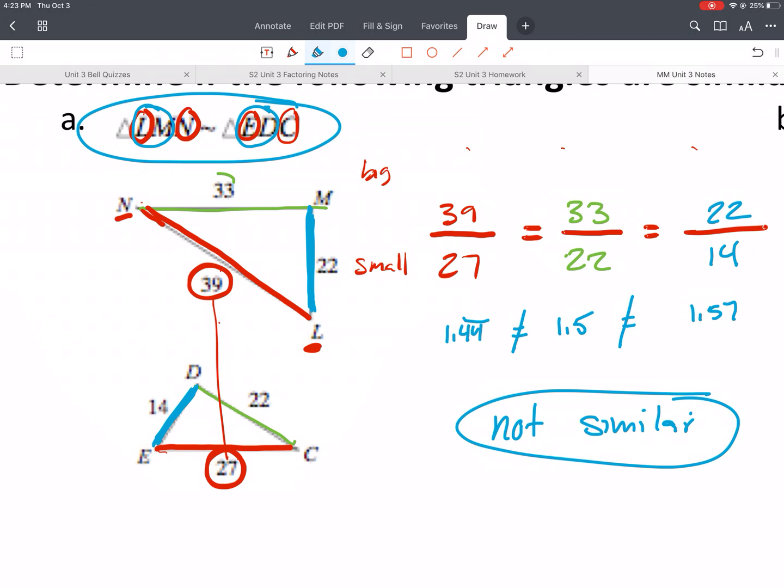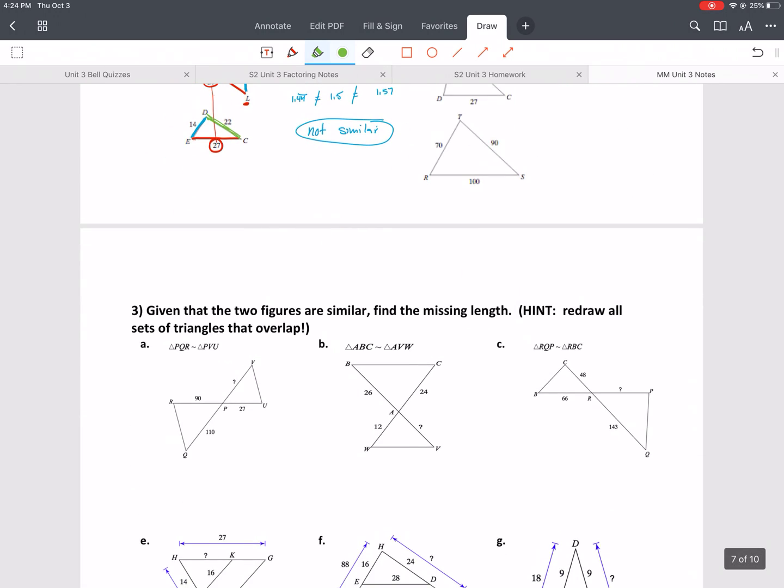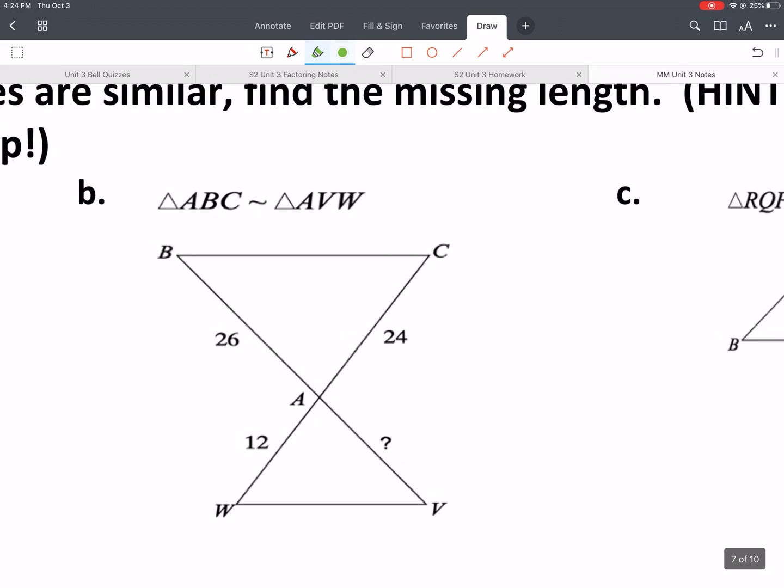And the same as the last one, NM or MN, either way, would be the last two letters. Corresponding would also be DC. So we can use that all the time to see which sides are corresponding, because sometimes it's not obvious, especially if we have problems like this.